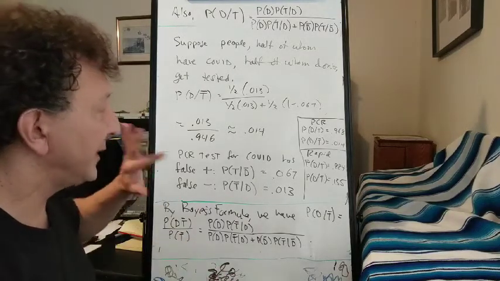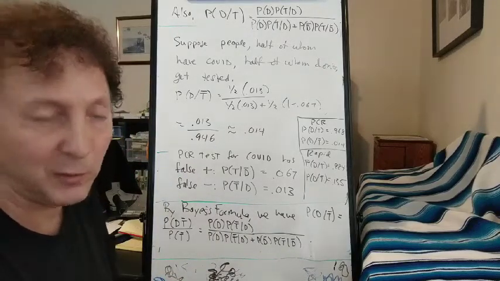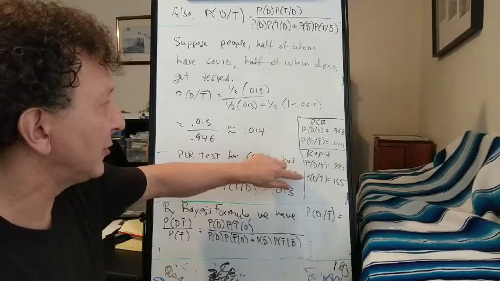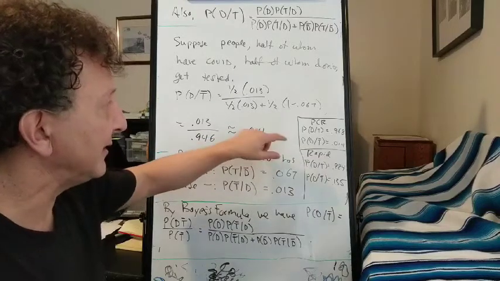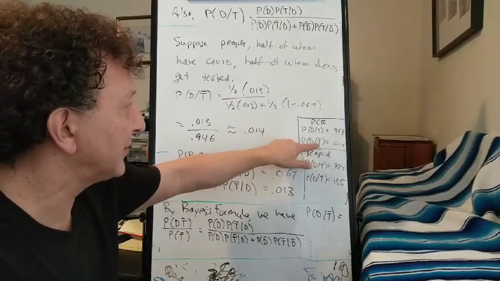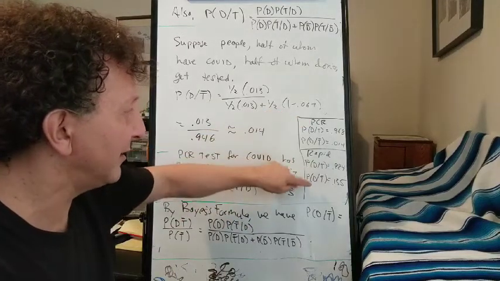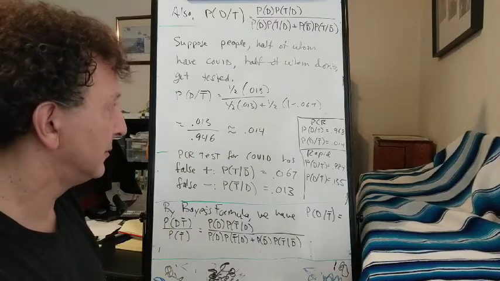So if these numbers that I got from the internet are accurate and I'm interpreting correctly what I read, we can see why an organization would trust you as not having the disease given that you got a negative test, more if your negative test was a negative PCR test than if your negative test was a rapid negative test.